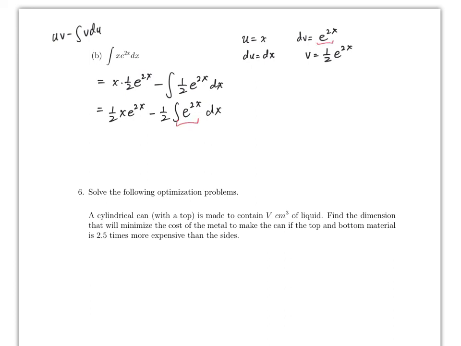You're gonna get obviously the same thing. So this will be 1/2 e to the 2x minus 1/2, and this integral is again 1/2 e to the 2x plus c. So you simplify, this is 1/2 x e to the 2x minus 1/4 e to the 2x plus c. And that's it.